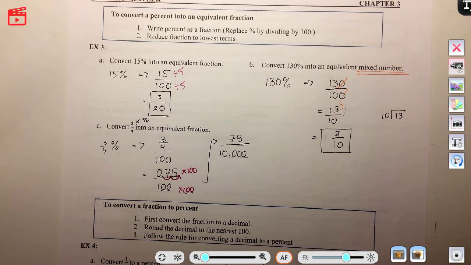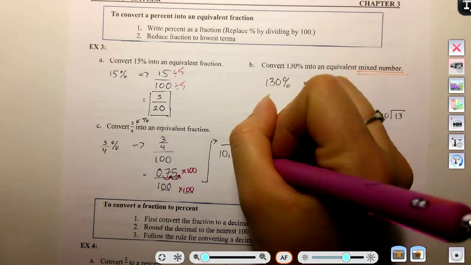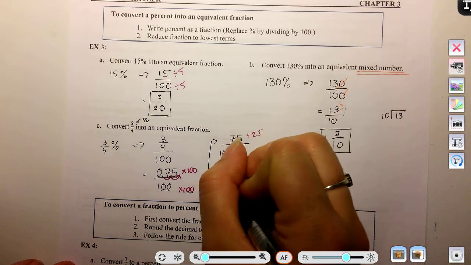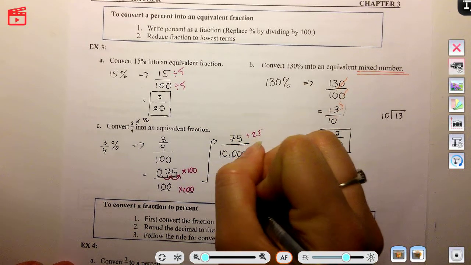All right, well, they're both divisible by 25. 75 divided by 25, if you're thinking in terms of quarters, is going to be 3. And 10,000 divided by 25 is 400. So you could do the long division and check that. So that's going to be 3 over 400.